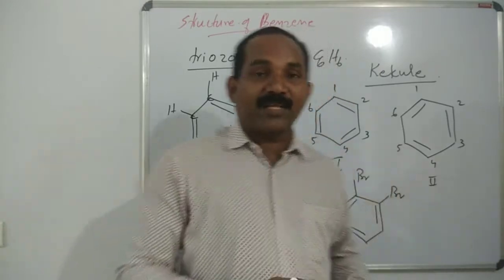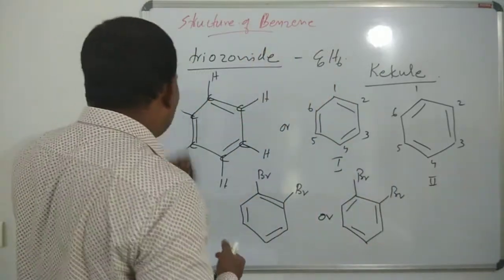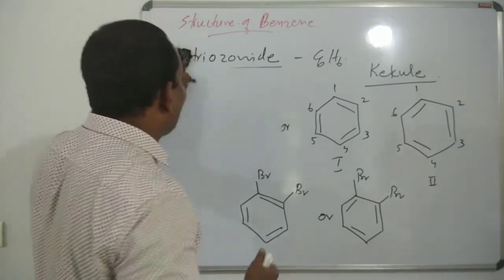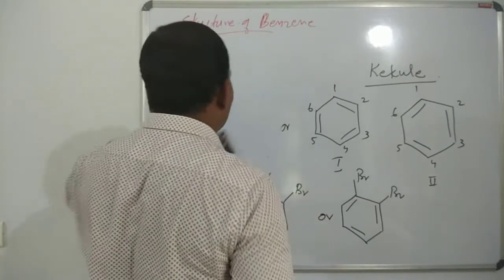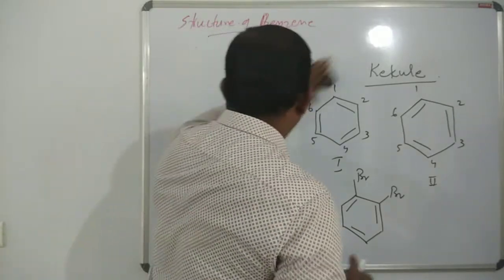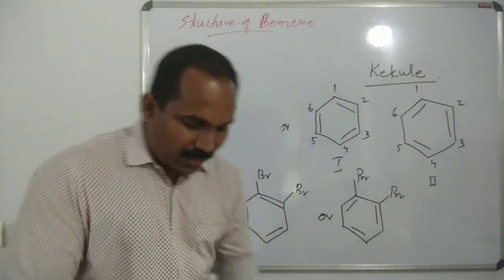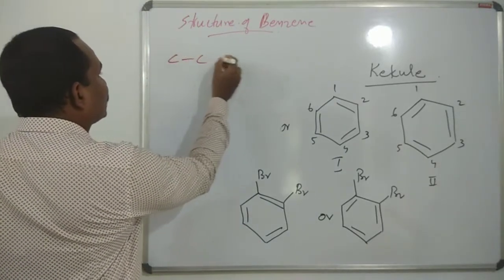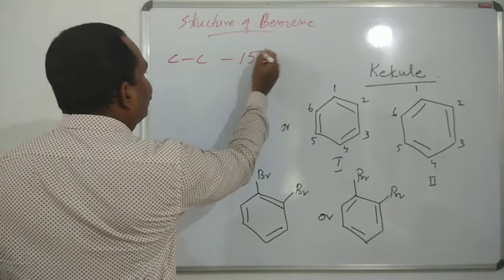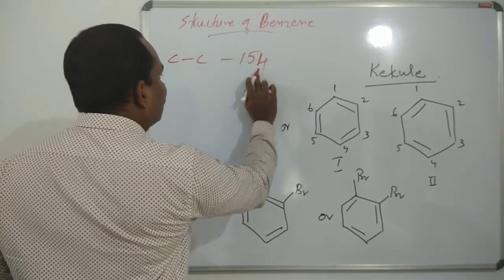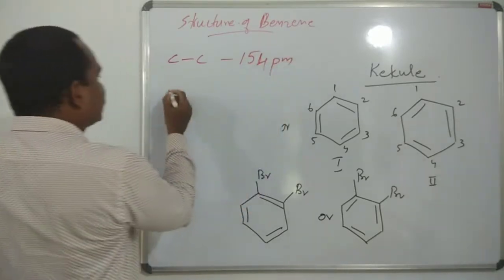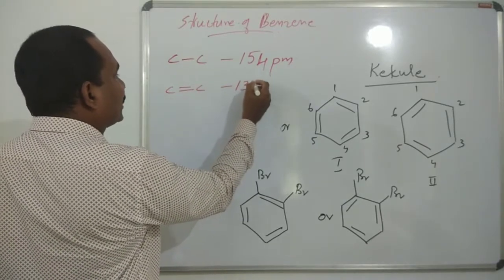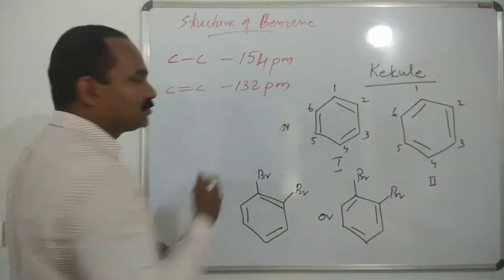X-ray diffraction study shows that in benzene, the 6 carbons are joined by a similar type of bond. In a carbon-carbon single bond, the length is 154 picometer. And in a carbon-carbon double bond, the bond length is 132 picometer.